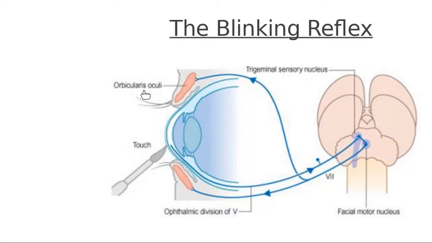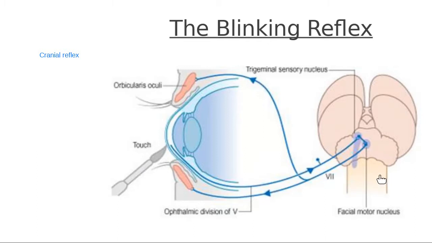When we look at the blinking reflex, do we think this one is a cranial reflex or a spinal reflex? Yeah, so we're voting in the chat that this is a cranial reflex. So when we're looking at this reflex, we may have no idea what all of this stuff is that's going on up here.